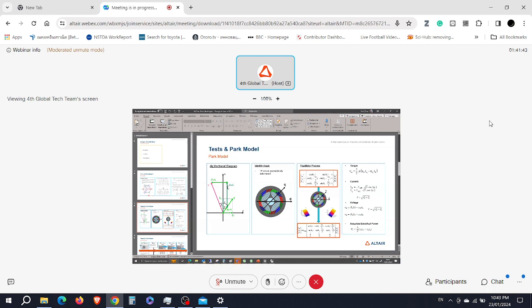So we can see clearly the voltage is equal to the current multiplied by the resistance plus dphi by dt, and here dphi by dt is produced by the variation due to the reluctance. When we talk about reluctance, it is the presence of the holes inside the rotor.